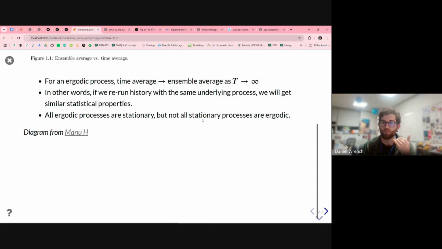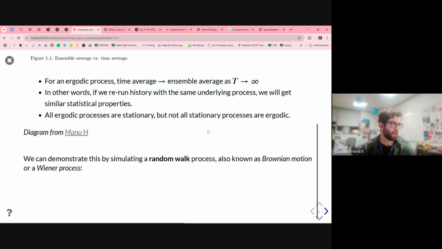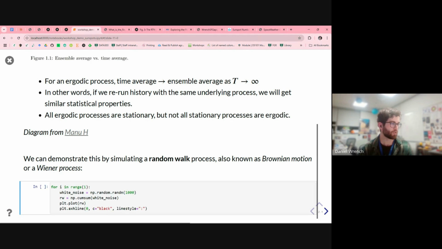And just to visualize some of what I'm talking about here, we've already seen what non-stationarity looks like, but another non-stationary process which is not ergodic is what's called a random walk. It's also known as Brownian motion or a Wiener process.